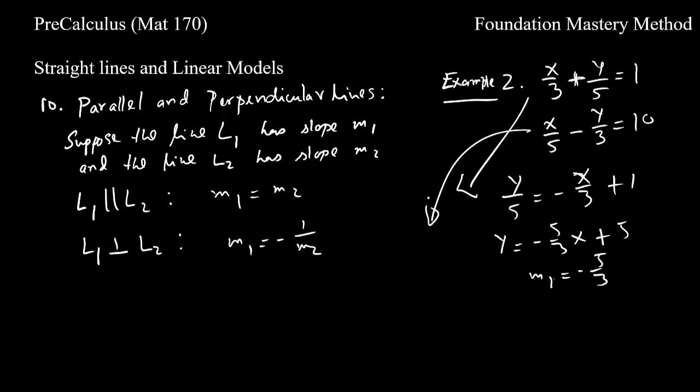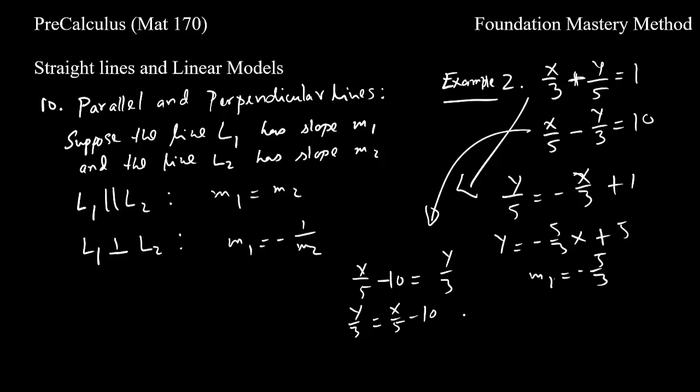Now the second one. So we have x over 5 minus 10 equals y over 3, or you can rewrite it as y over 3 equals x over 5 minus 10, or you do your own way, just find the slope.